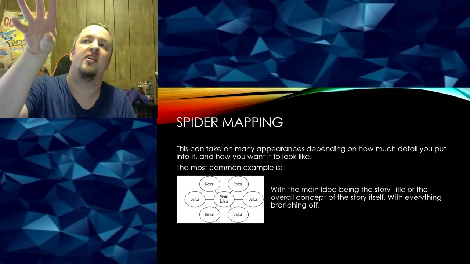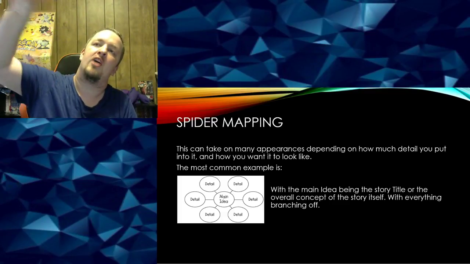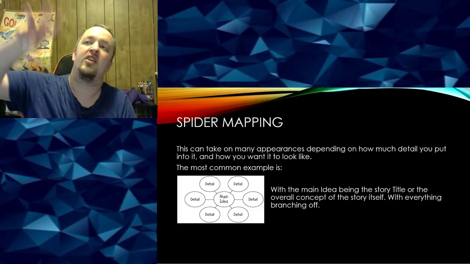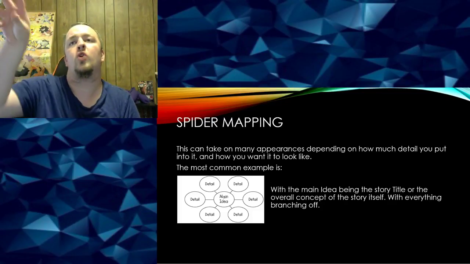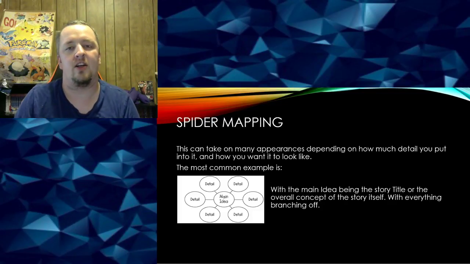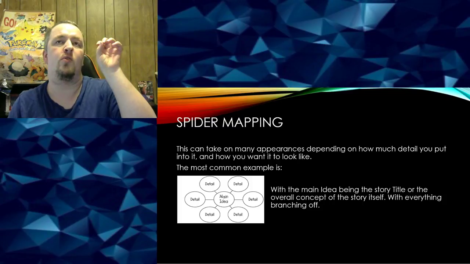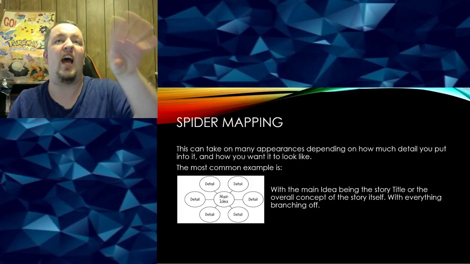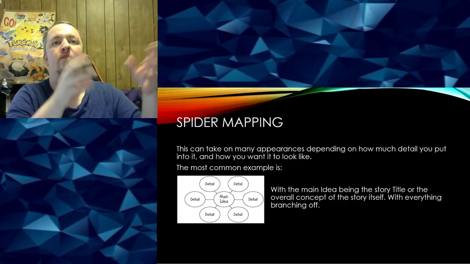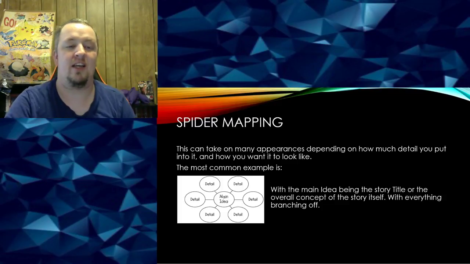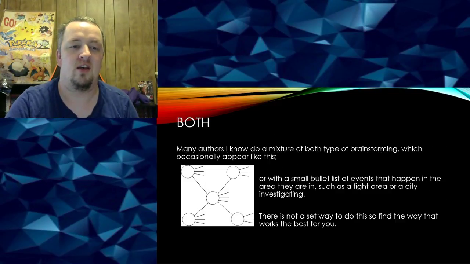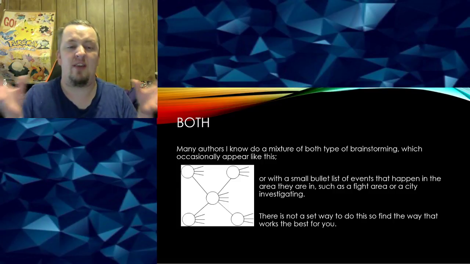Like, here's a character. Let's branch off from that character. These are characters related to this, or traits that are part of this character. Or over here, here's one of the main events, and here's subsequent areas. You can have those in bubbles, or you can have a bullet list along with it. And so you can incorporate both.